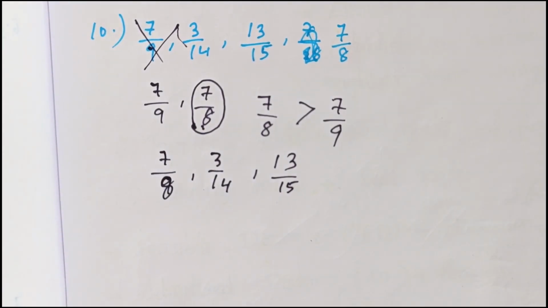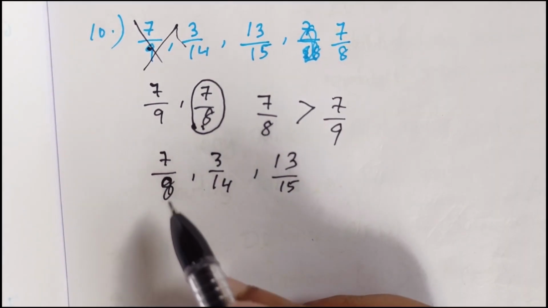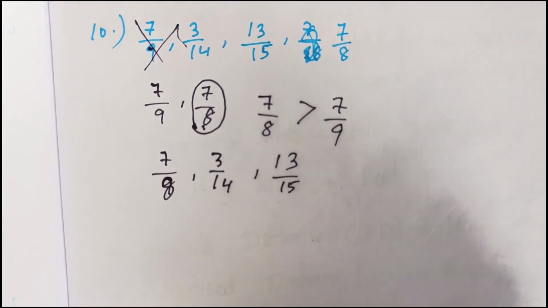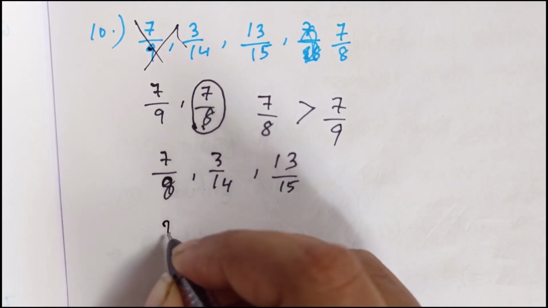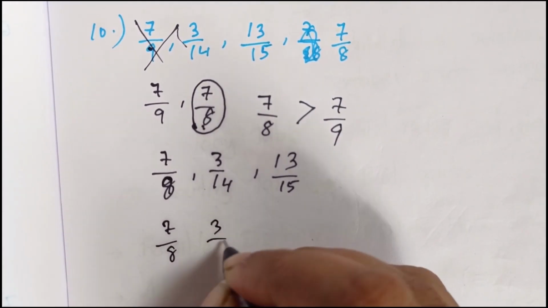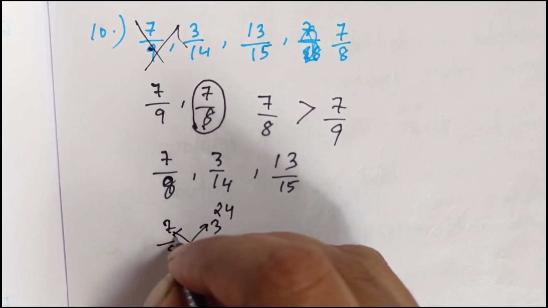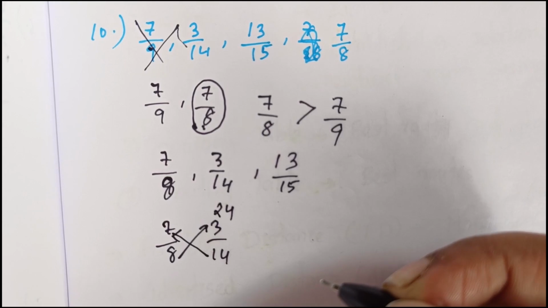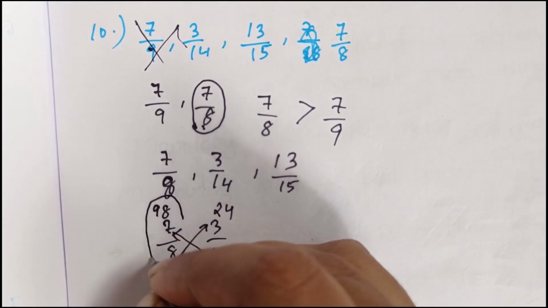So how do we find the largest fraction among these? Actually, they don't have any of the conditions we used earlier. So we can use only the cross multiplication method. So first we can find among 7 by 8 and 3 by 14. 8 into 3, 24. 14 into 7, 98. So this is the fraction with the largest product.